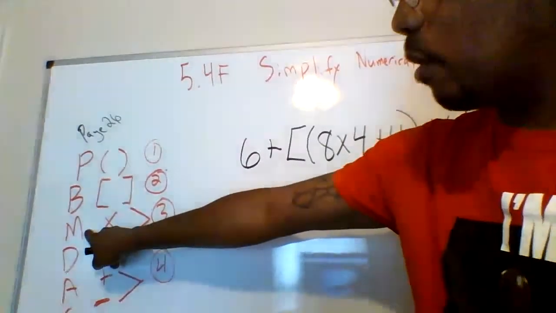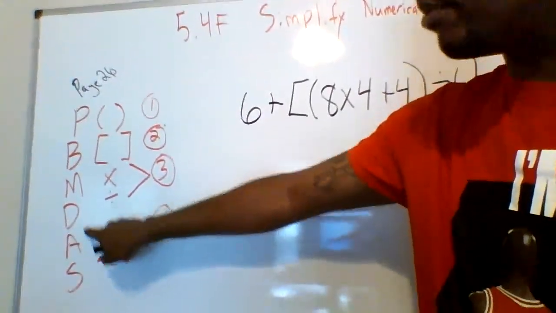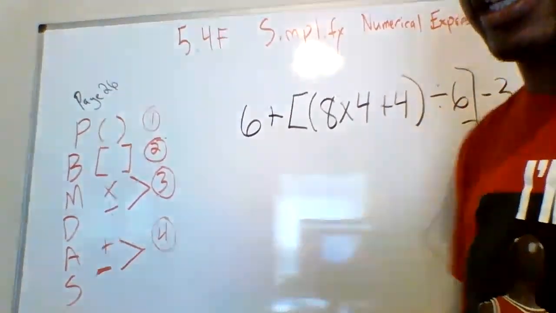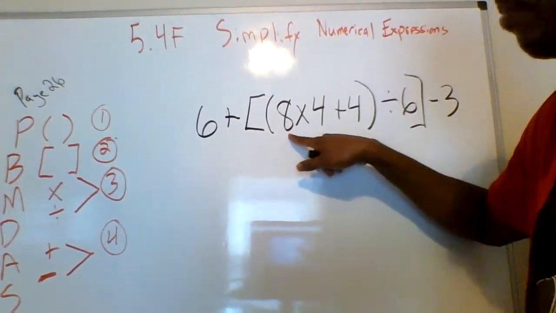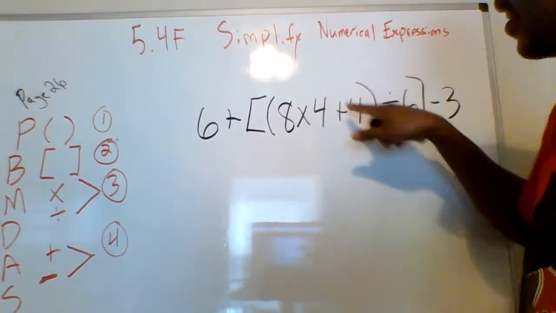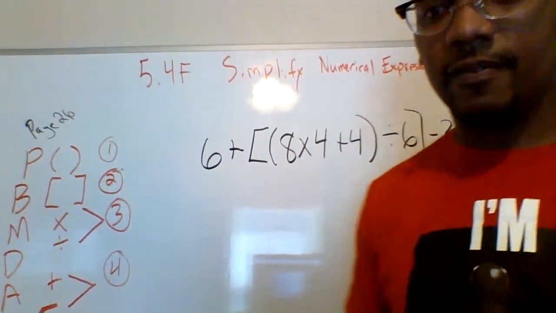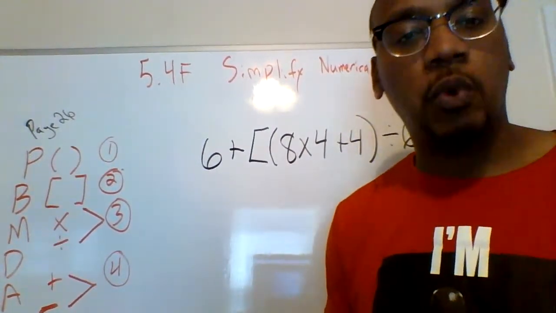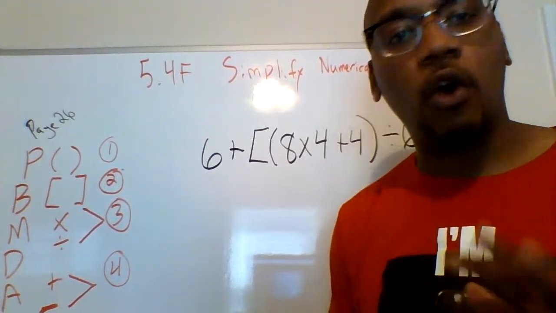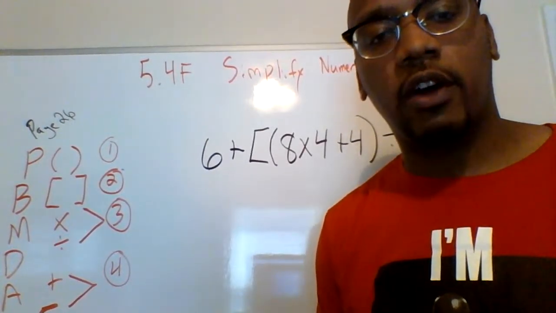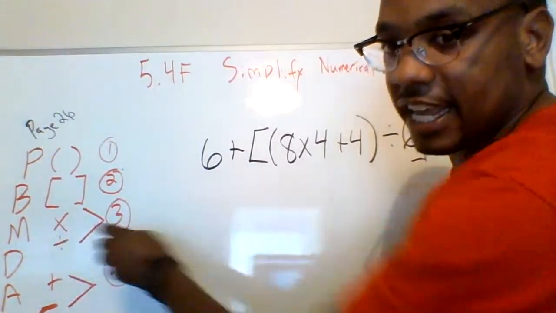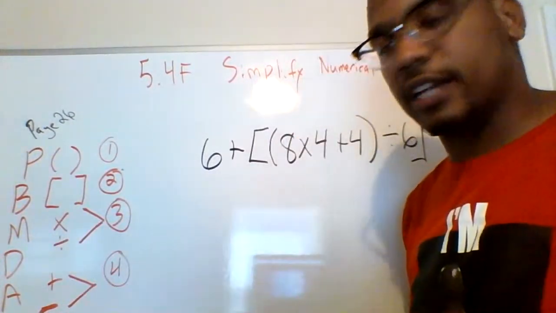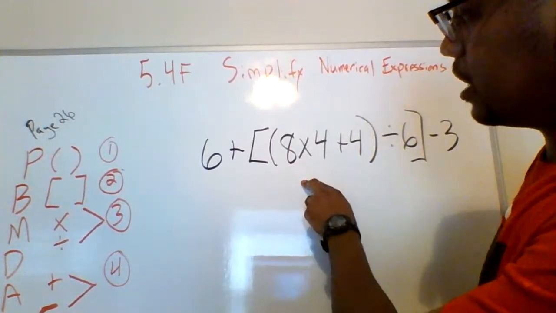The order is multiplying or dividing comes before adding or subtracting. So you were supposed to multiply first, Michael, then add, right? It's okay, Michael. I just want you to remember the order, okay? Don't go out of order, because if you go out of order, you're going to get the wrong answer. So I always have to multiply this first.